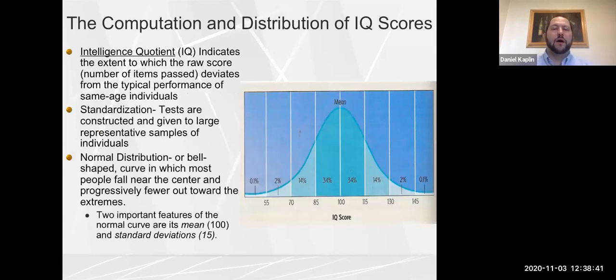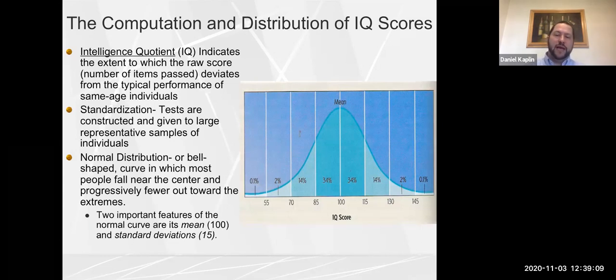So now let's talk about IQ. You might have heard intelligence referred to as IQ, which stands for intelligence quotient. Well, IQ was based on Stern's formula. Stern's formula was mental age divided by chronological age times 100.